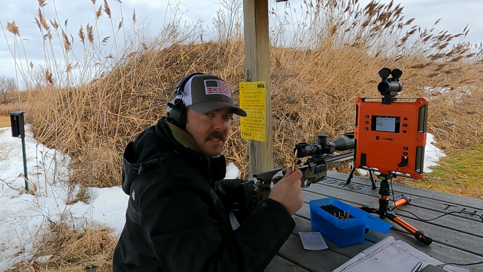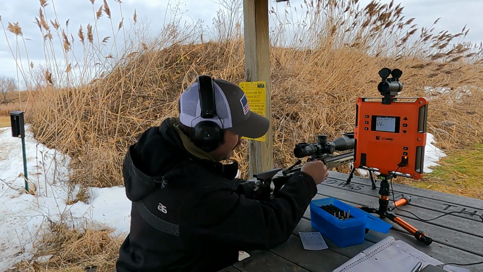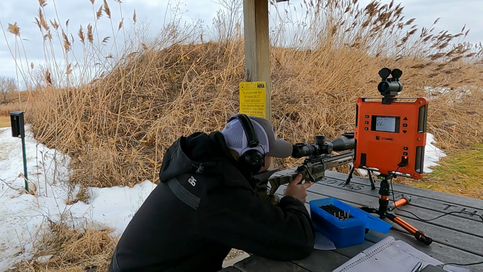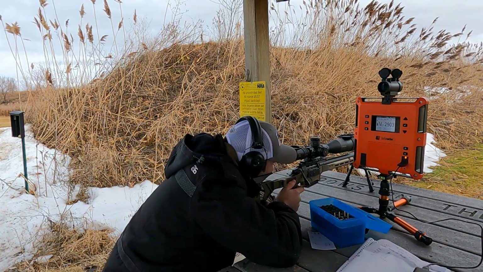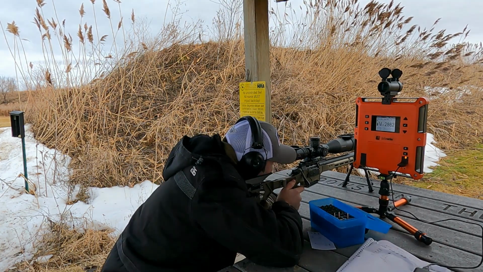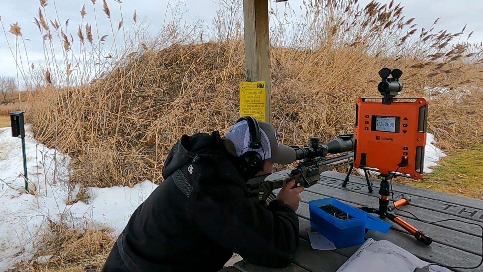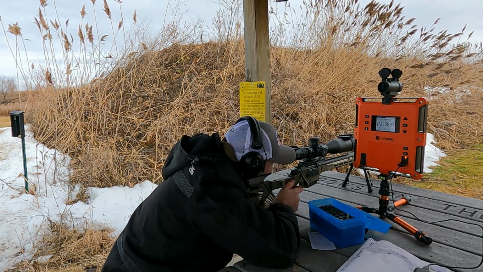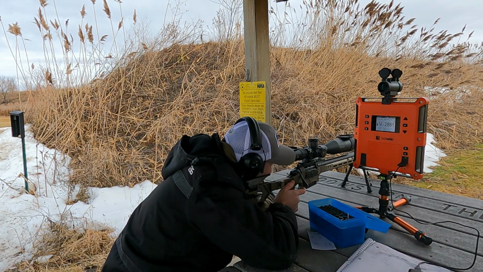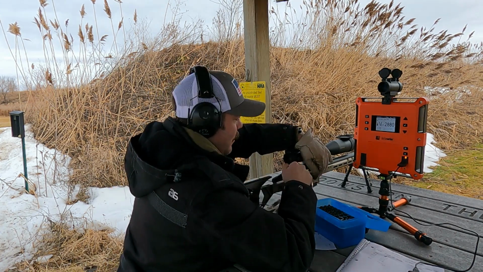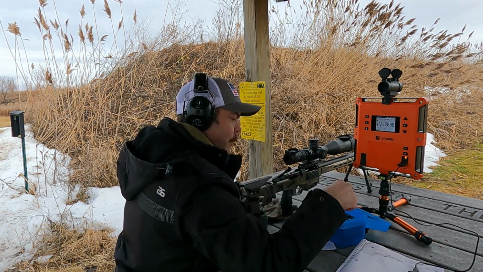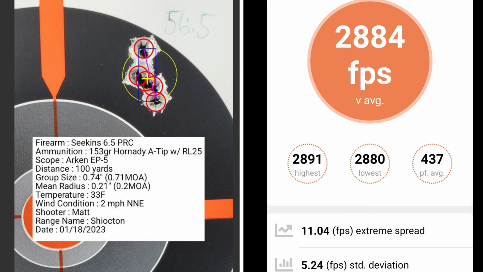So this 5-shot group is at 56.5 grains of powder. At 56.5 grains of powder, I had a group size of 0.71 MOA with a mean radius of 0.2 MOA.